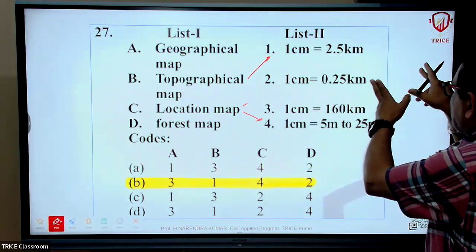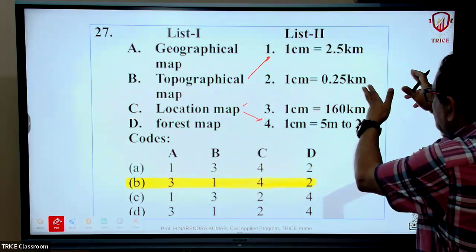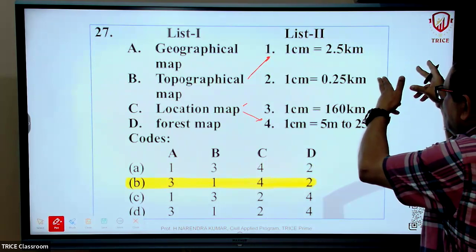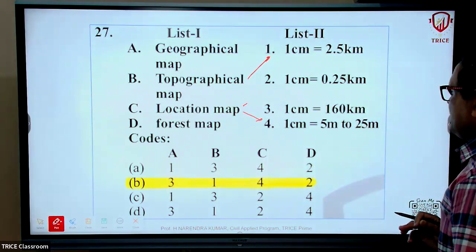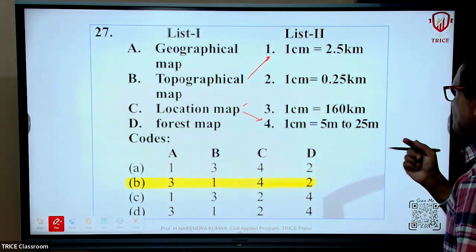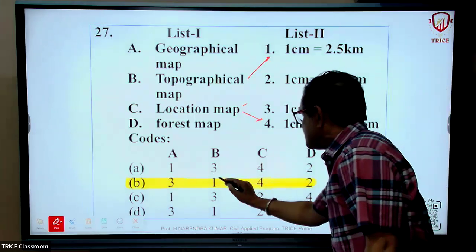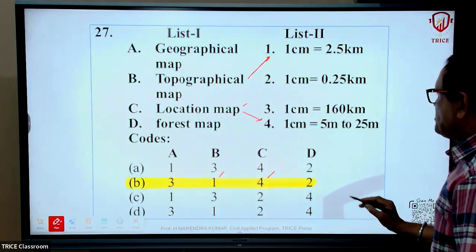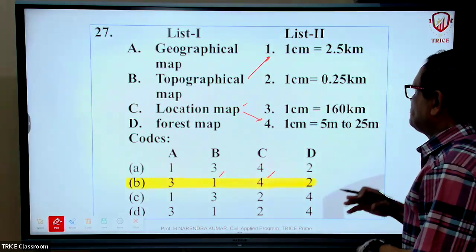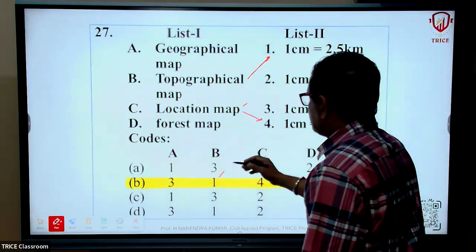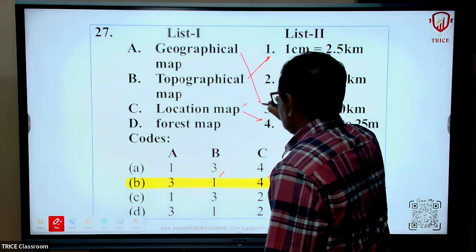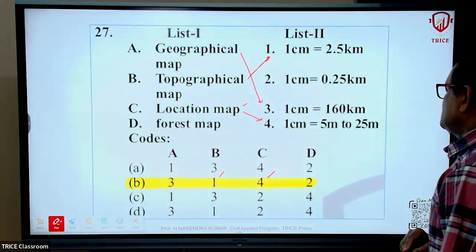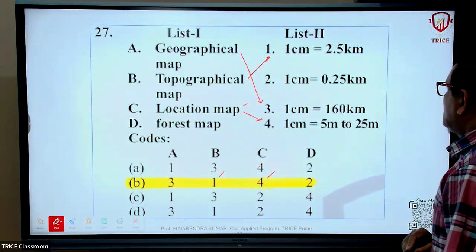All the topographical maps will not be in the same scale. 1 centimeter is 2.5, but that range is there, so that is why I modified that. Okay, so B1 is there and C4 is correct. So the B1 is here, C4 is here. Other things I will not worry about. So let me look at, for my confidence, geographical map, it says A3. Okay, that is 1 centimeter is equal to 160 kilometer. Yes, geographical maps are for larger scale.